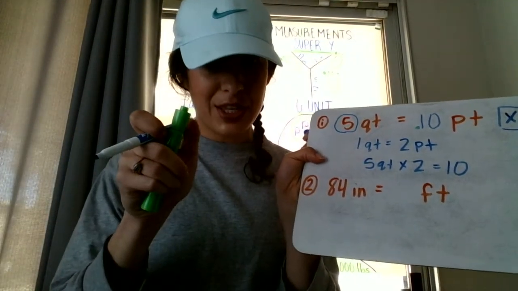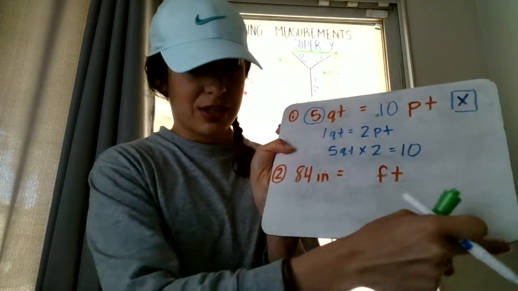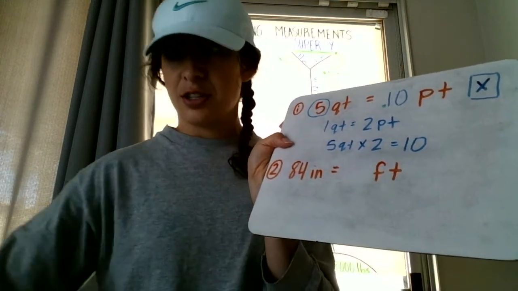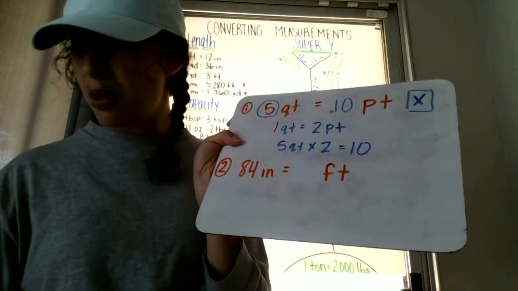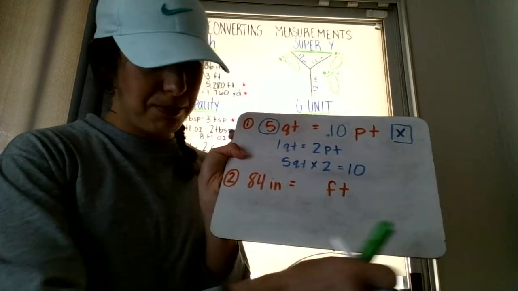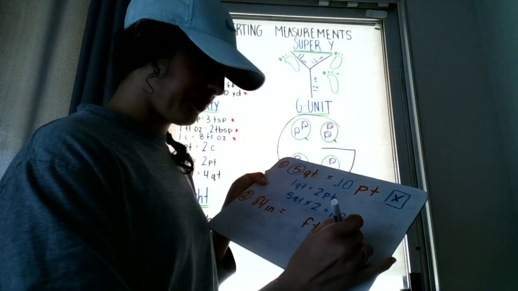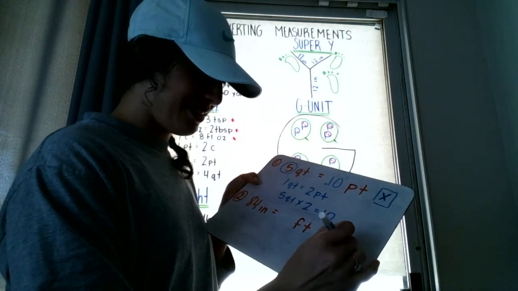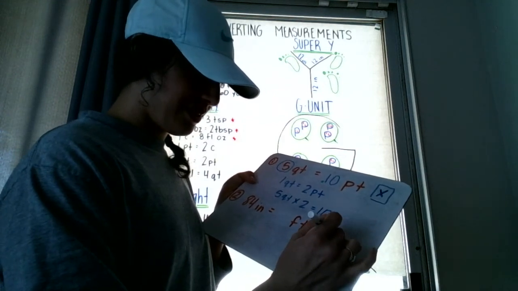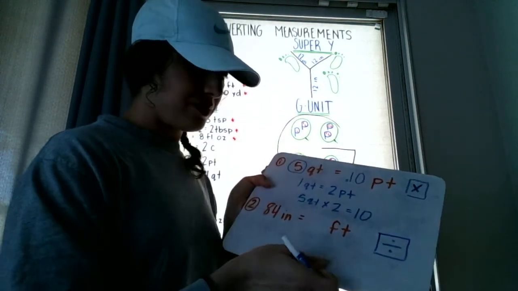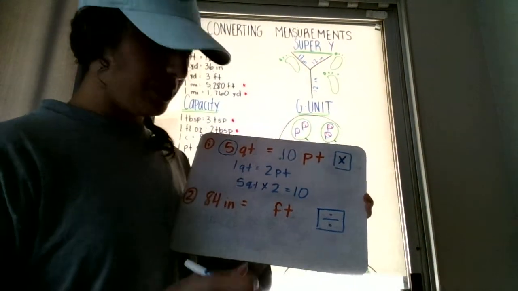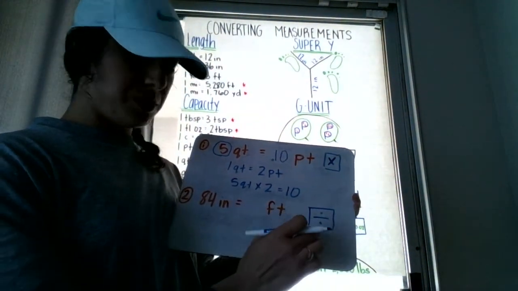I'm going from inches to feet. So when I go from small units to big units, I'm going to divide. Okay, that's our rule. From small units to big units, we divide.